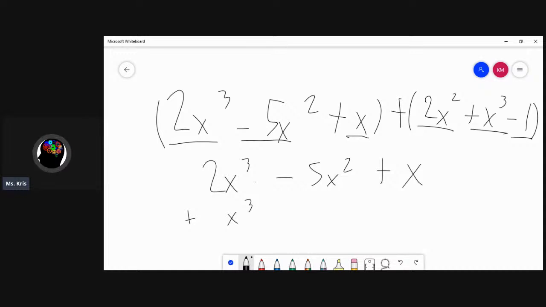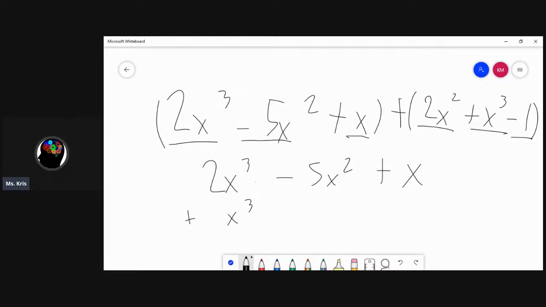Now keep in mind, you must line up degree to degree. As you saw, I was getting ready to add my 2x to the third to my 2x to the second. Cannot do that. If they don't have the same degree, you cannot add them to each other. All you can do is put them side by side.